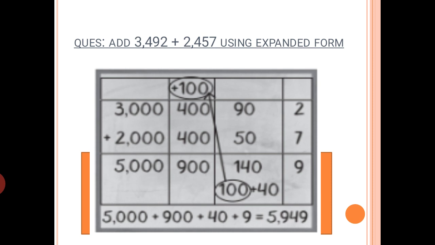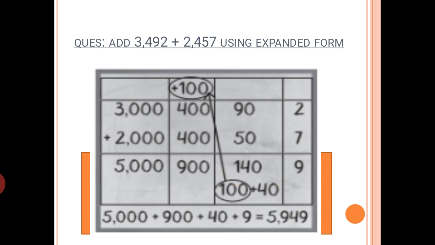Then beginning from the last, first we add up the ones column. So we add 2 plus 7 equals 9. After that, coming to the tens column, we add 90 plus 50 equals 140. But this is the tens column and we get an answer in the hundreds.